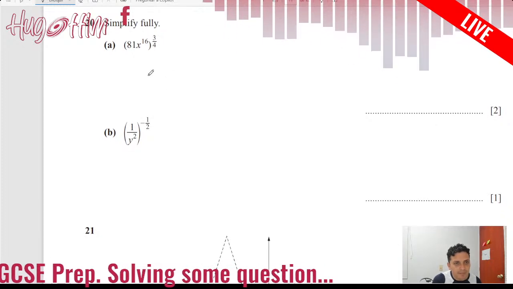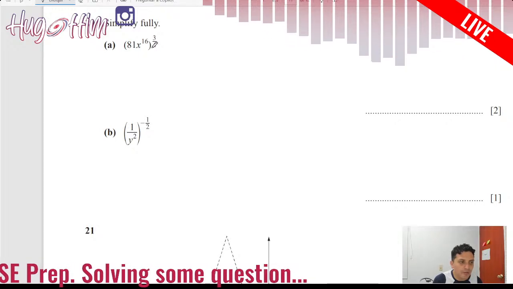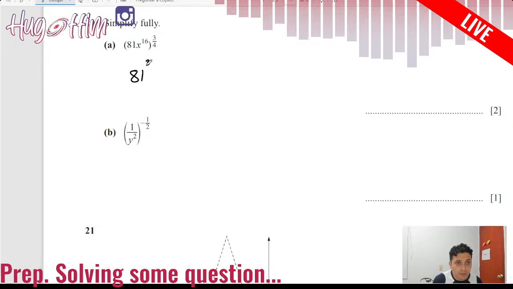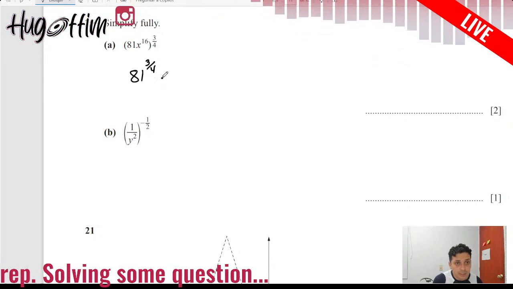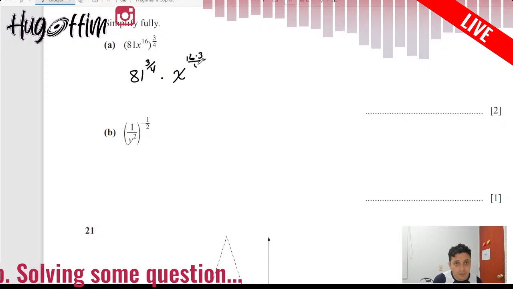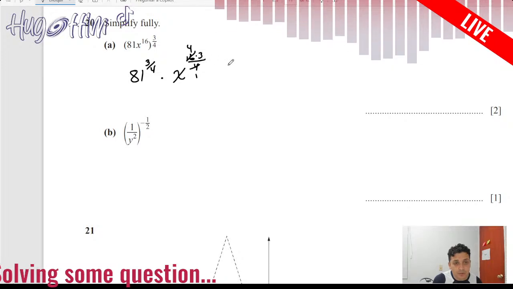Simplify fully. It says 81x to the 16 all to the power 3/4. So this is going to be 81 to the 3/4 times x to the 16 times 3 over 4. Simplify 4 with 16. 4 times 3, 12.